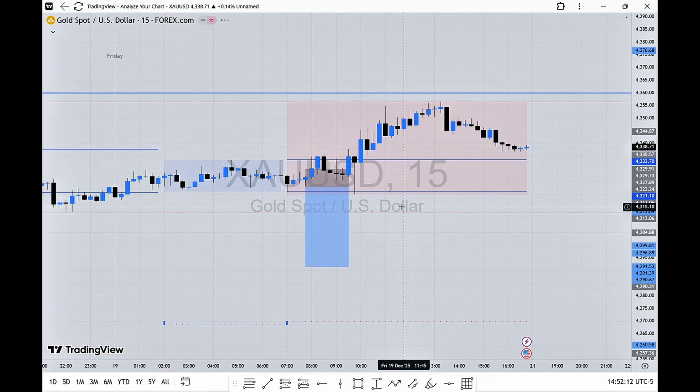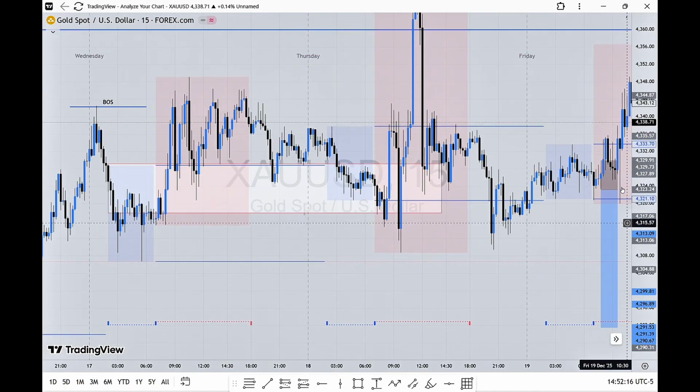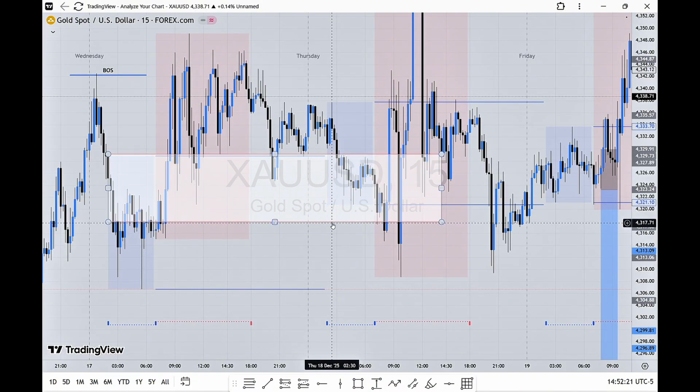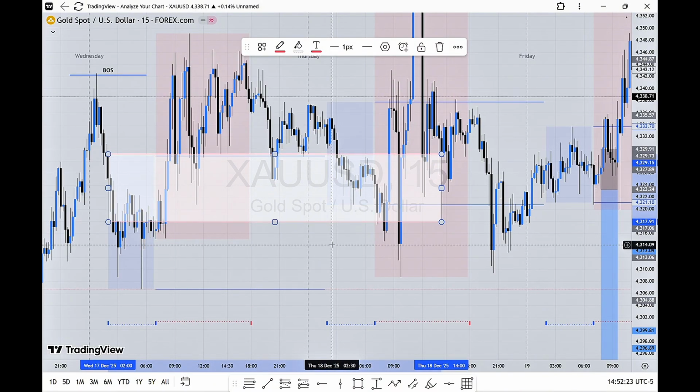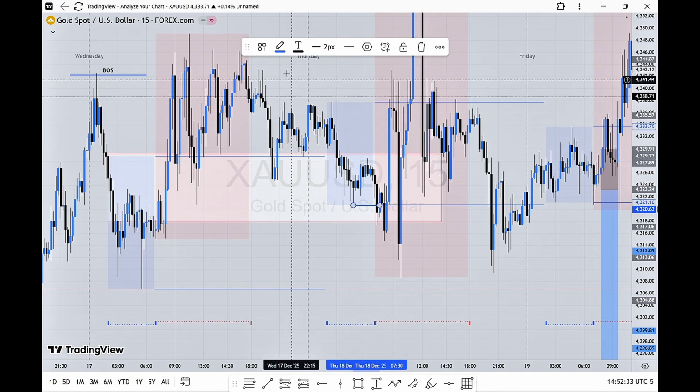Now when you head down to a 15 minutes time frame, as you can see, and by the way, the marked part is the 4-hour order block I marked earlier, right? So on Thursday, New York session, the market took out this sell side liquidity from the previous session, which is the London session, right?